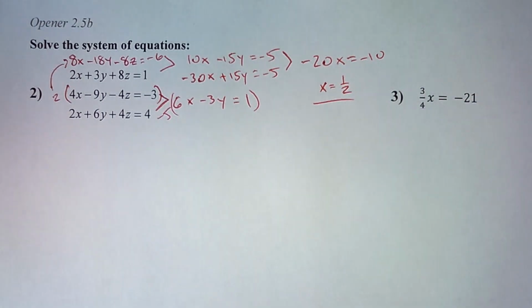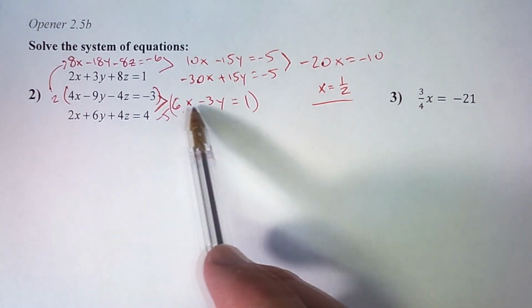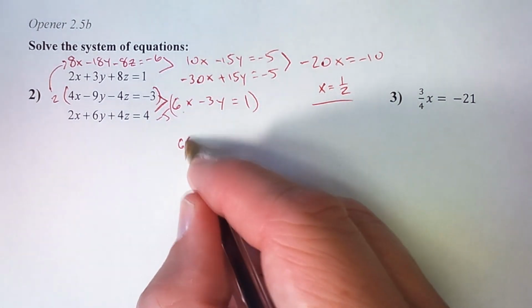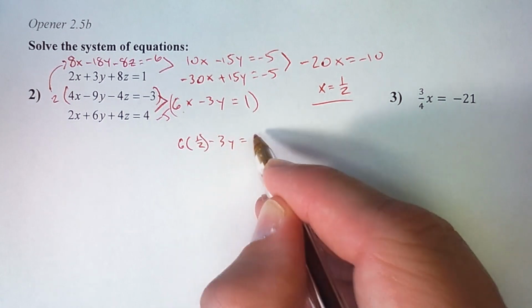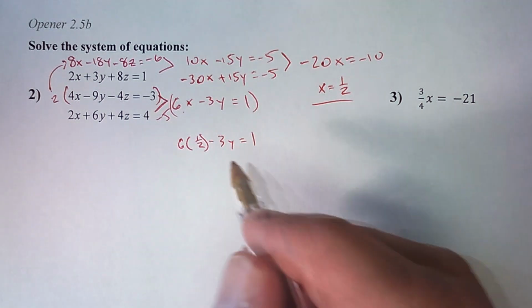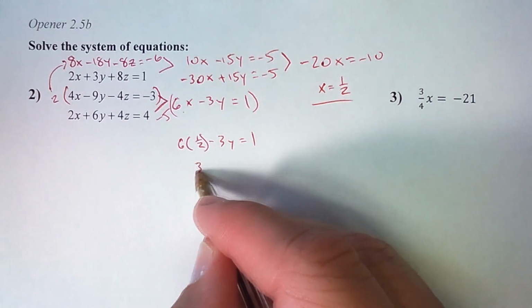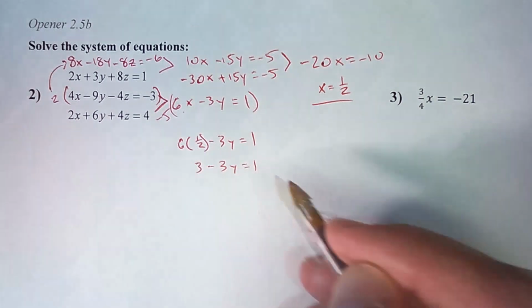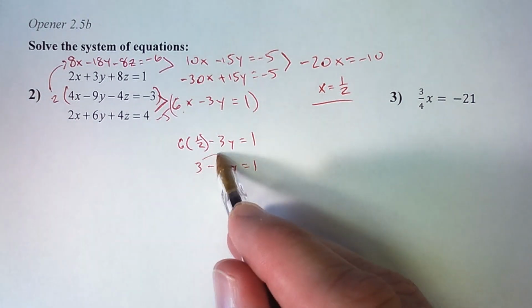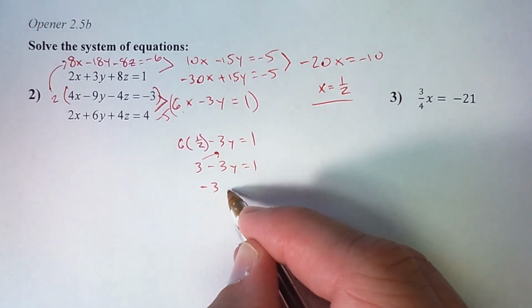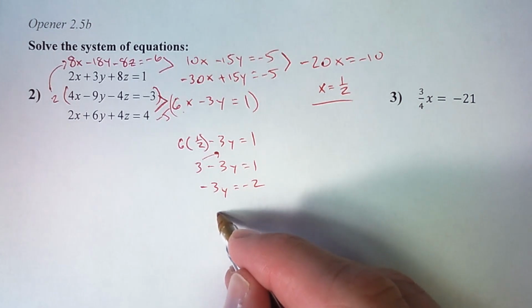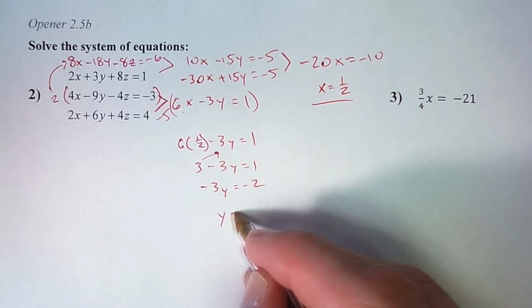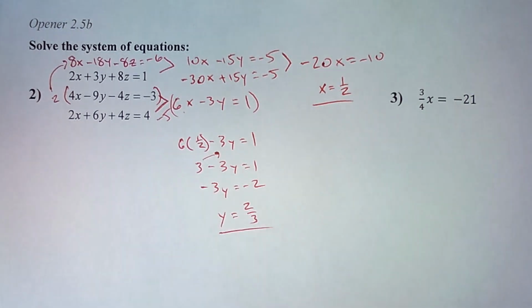There's my value of x. I'll plug that in here, so I get 6 times 1/2 minus 3y equals 1. Half of 6 is 3, so 3 minus 3y is 1. I'll move that 3 to the other side. -3y equals -2, and -2 divided by -3 is 2/3.